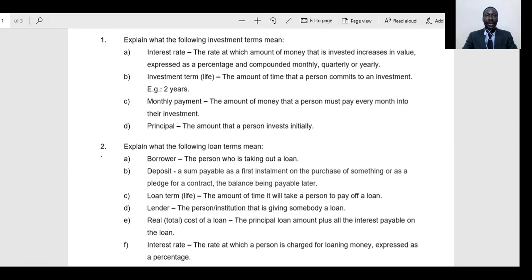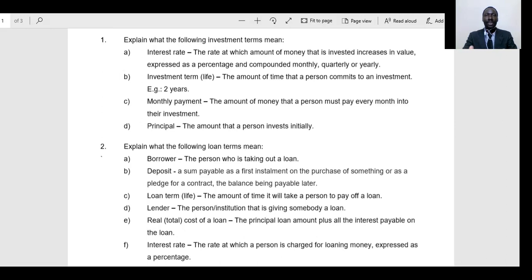That interest is determined through what we call the interest rate. You will tell them that every month you will be paying this as the interest rate. So interest rate is the rate at which the amount of money that is invested increases in value, and it is expressed as a percentage and compounded monthly, quarterly or yearly.